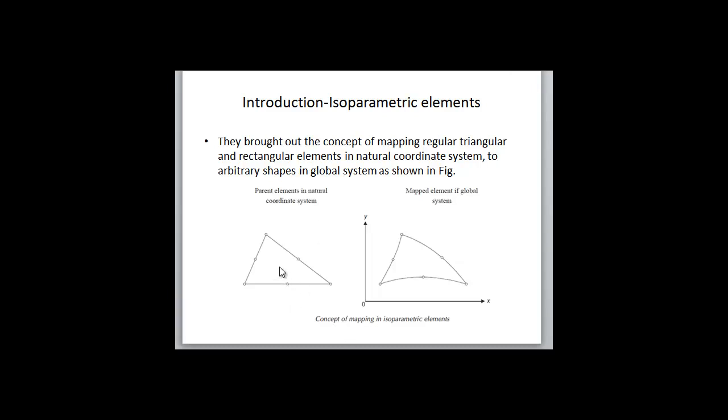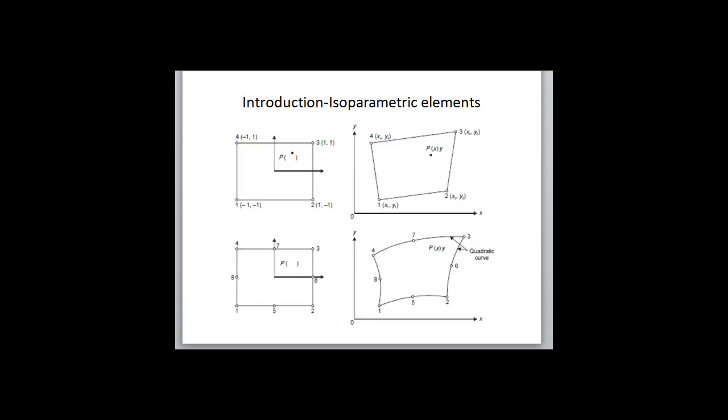So this is the parent element in the natural coordinate system, and after mapping to a global coordinate system, the 3-noded or 5-noded rectangular elements will have curved edges. The parent element in the natural coordinate system is mapped to global systems. Similarly, the 4-noded rectangular element is mapped to global systems by using isoparametric concepts, and so are rectangular elements with more than 4 nodes.